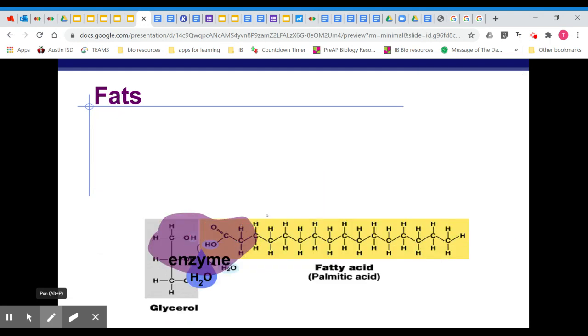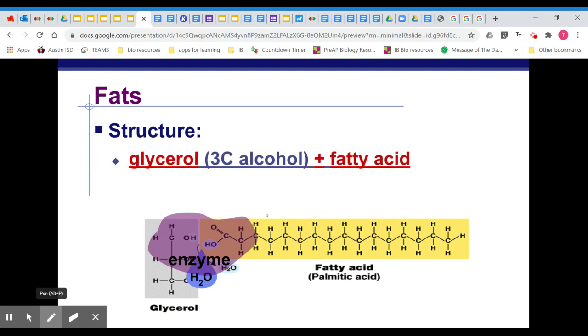So here's an example of a fat. You've got your glycerol, that's this structure right here. And that's going to be attached to a fatty acid. So you see that structure here. And the process of attaching that, remember we talked about dehydration synthesis. That's where you're going to remove a hydrogen and hydroxide with the help of an enzyme.